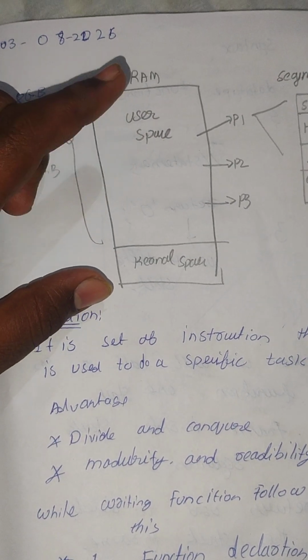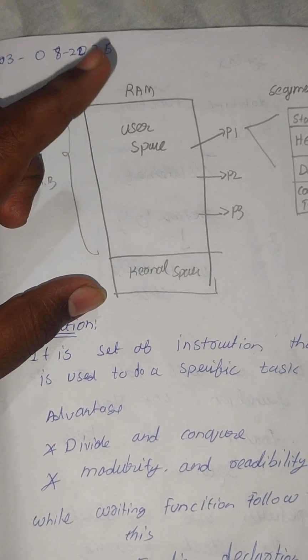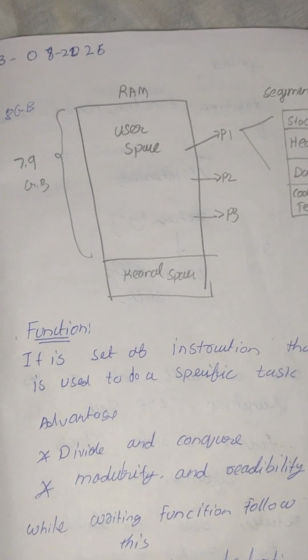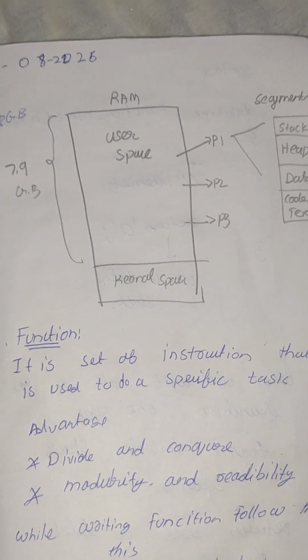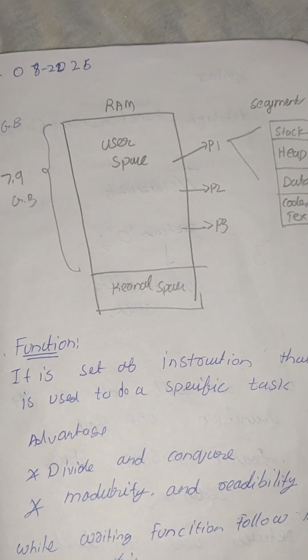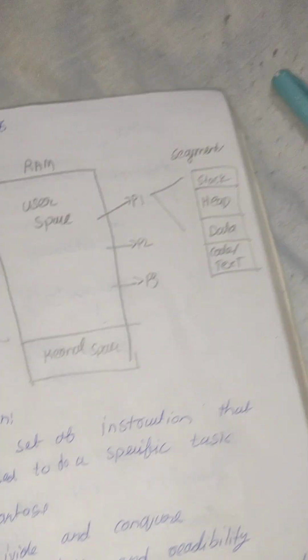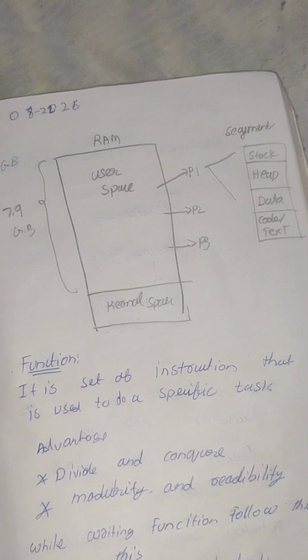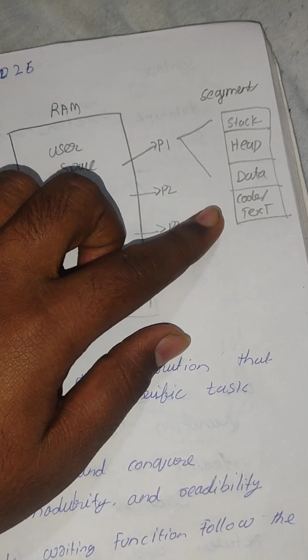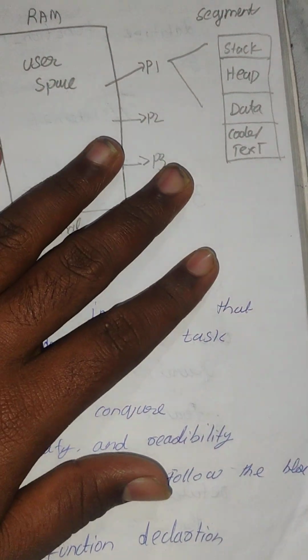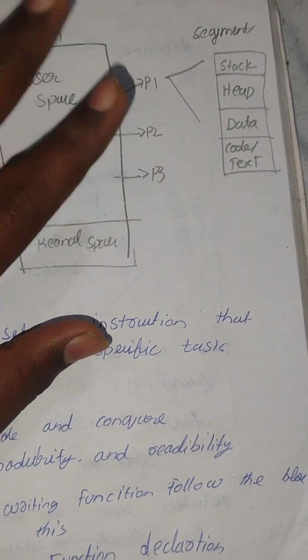To execute our programs, we can use process 1, process 2. We can't call it a program; we call it process 1 and process 2, and each process requires these segments: stack segment, IP segment, data segment, code or text segment. These are the segments required to run the process.